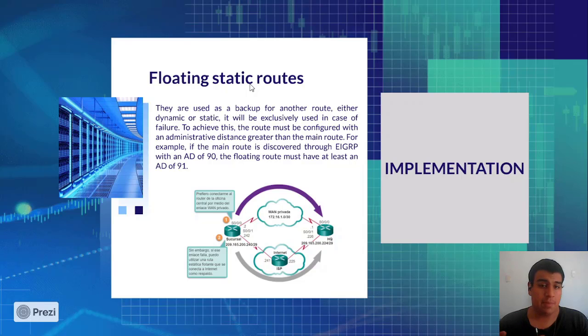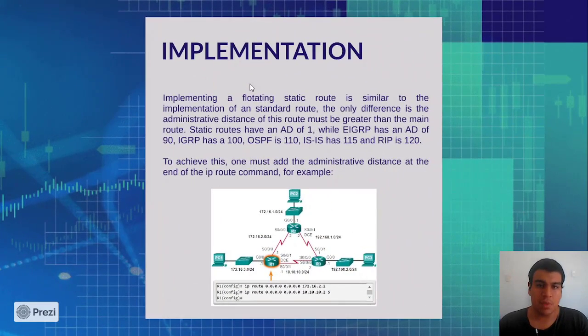So let's say, for example, the main route has been discovered through EIGRP with an AD of 90, then the floating static route must have at least an AD of 91, so that it will choose that route over the main one. But how will you go about implementing this kind of static route?